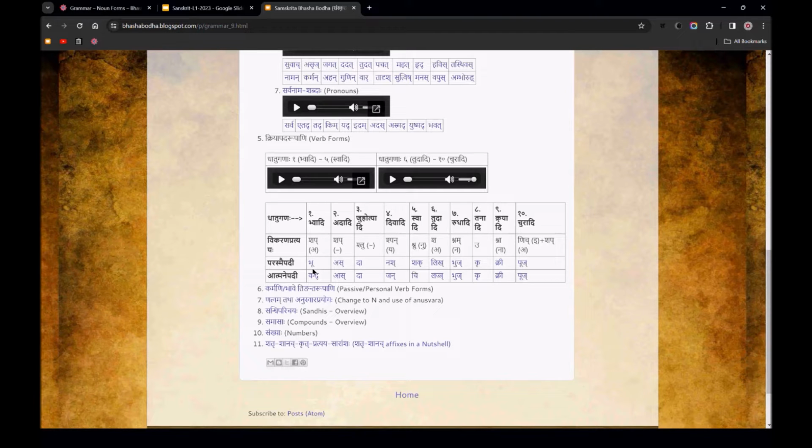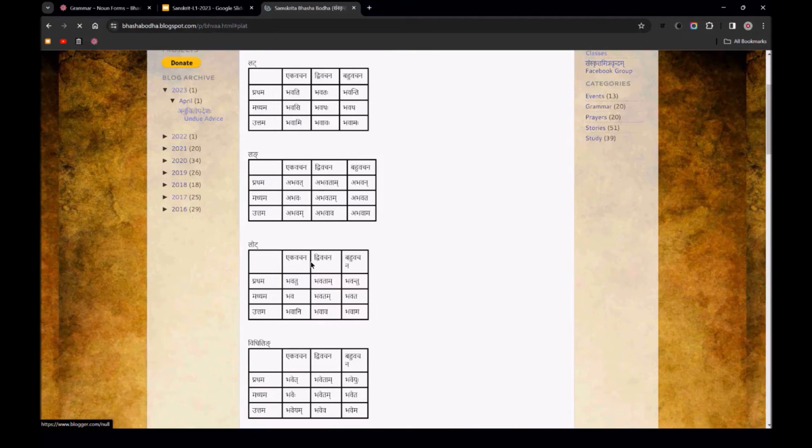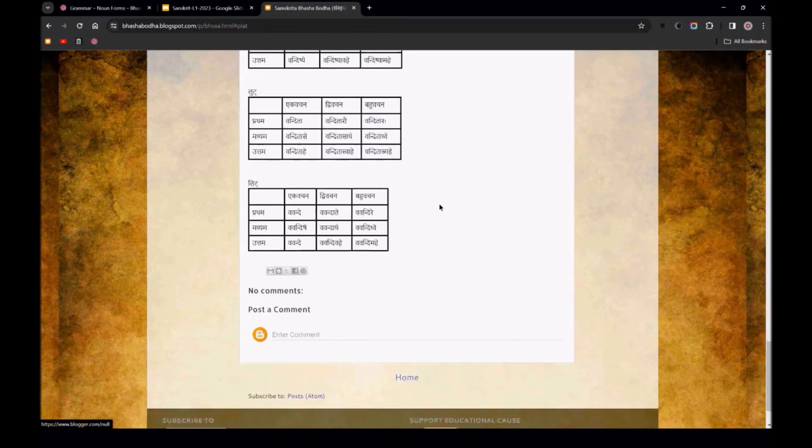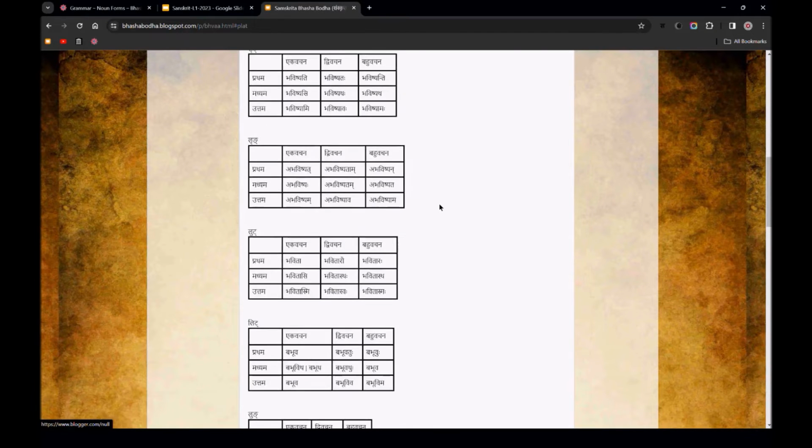So here you'll see a summary of all the forms of different kriyapadas. We don't have to get into all these technicalities, but right now you can see different forms here. For example, if I look at this one, you will see the lut means present tense. These are different tenses and moods for that dhatu.